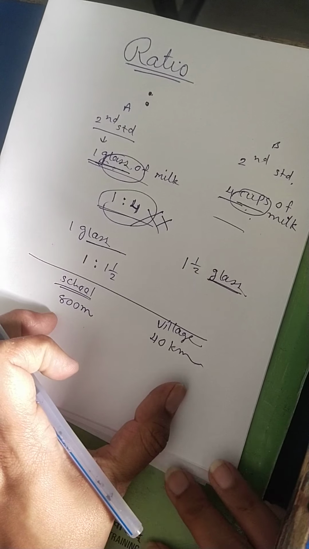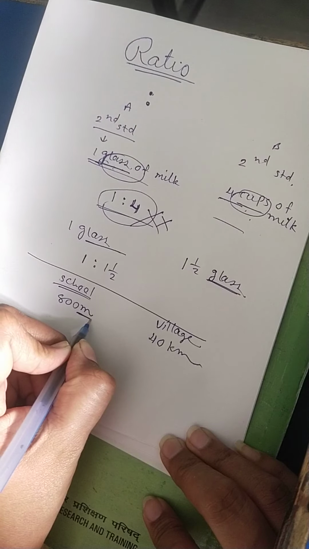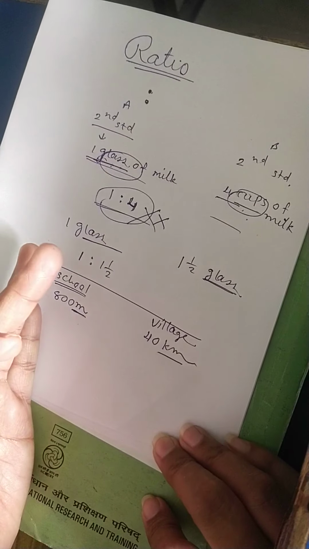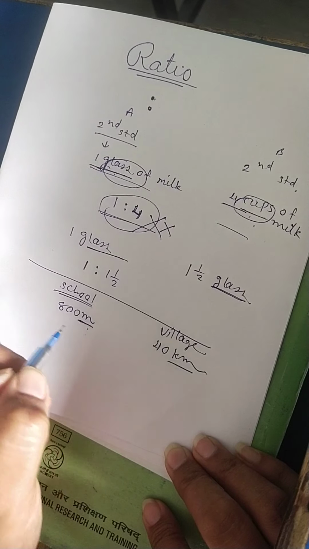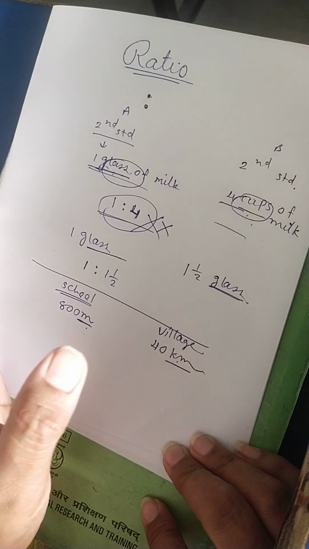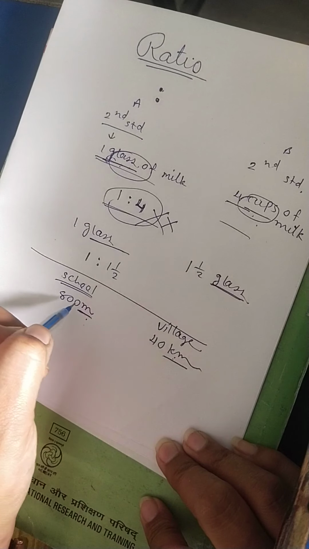Now we have to compare this. Can we compare? No. Why? Because one is given in meters, one in kilometers. So we have to convert either meters into kilometers or kilometers into meters. It depends on you. Better we convert kilometers into meters.